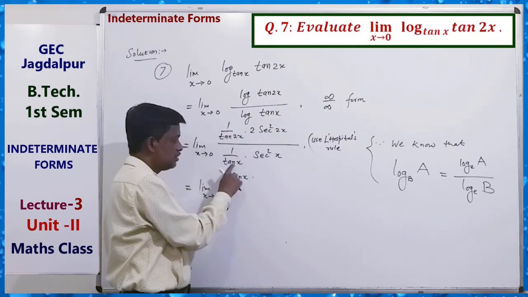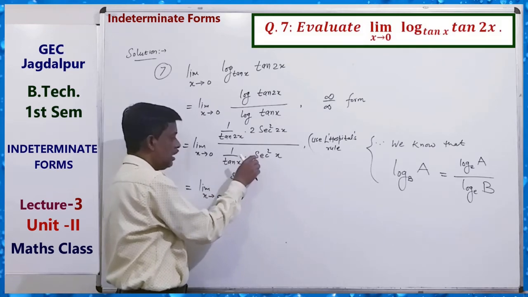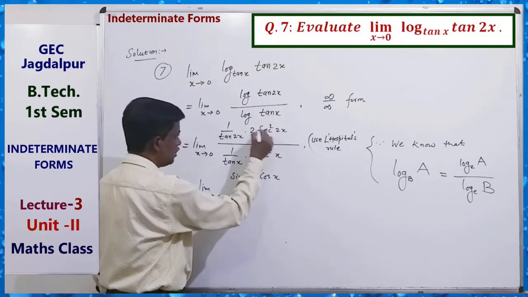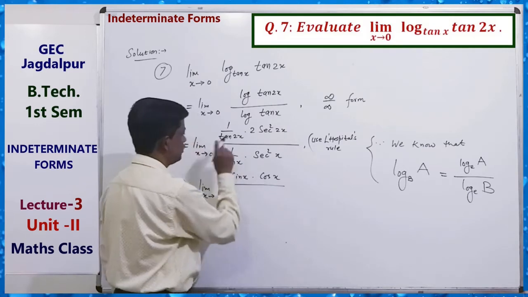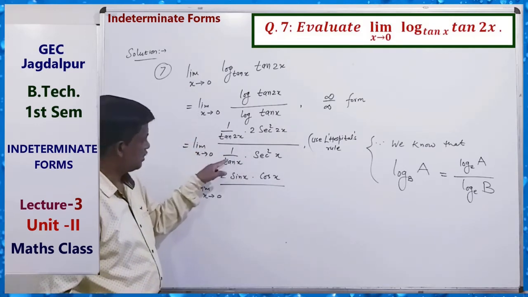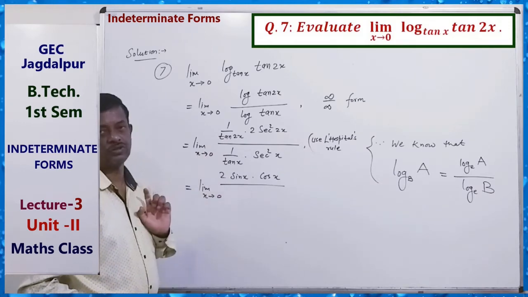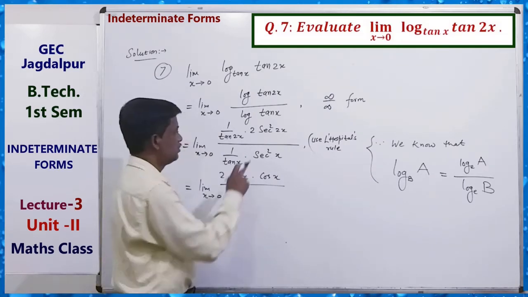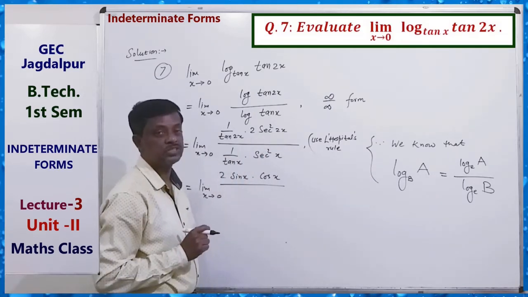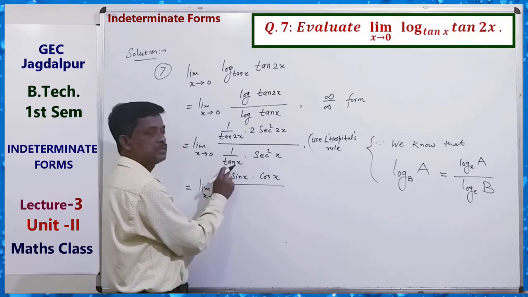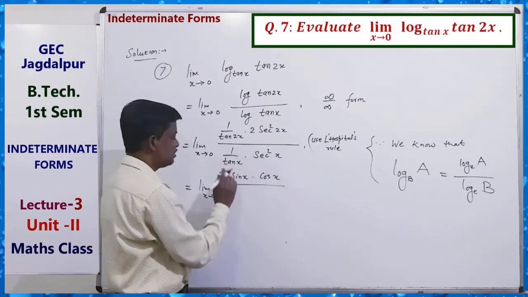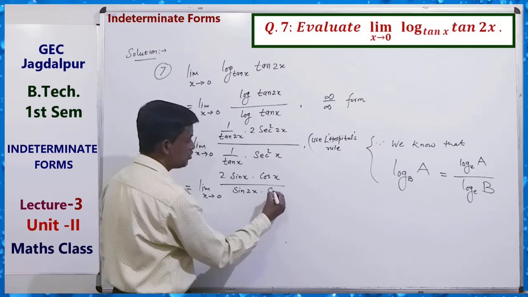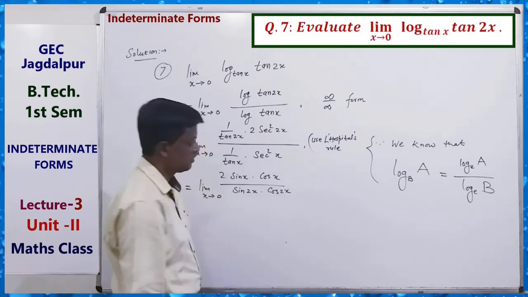Sin x, and one sec goes to the numerator as cos x, and in the denominator here sin 2x by cos 2x, and this goes to the denominator as cos square x. So one cos 2x, one cos will be cancelled. So here what? Sin 2x into cos 2x we can write like this.